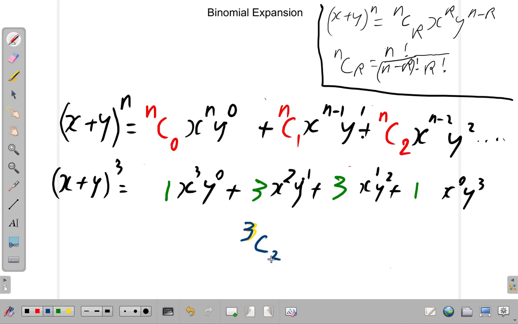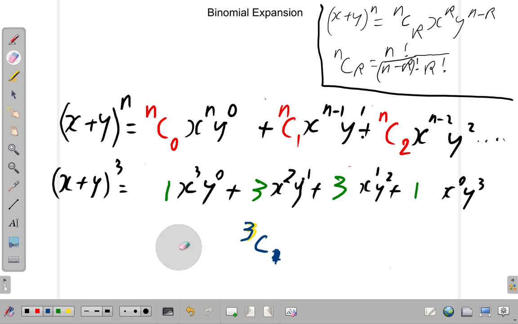In this case, remember, this was 3C0, my mistake, and this now would be 3C1. You have 3 x's, no y's. How many ways can you arrange them? It's x, x, and x. X times x times x. That's it. Only one way. So you come down to just 1 multiplied by the x cubed y to the 0.